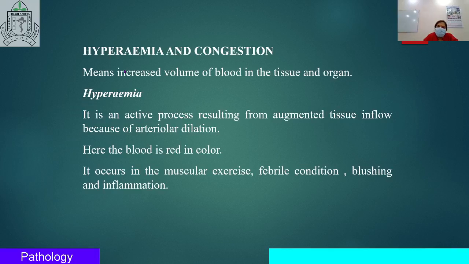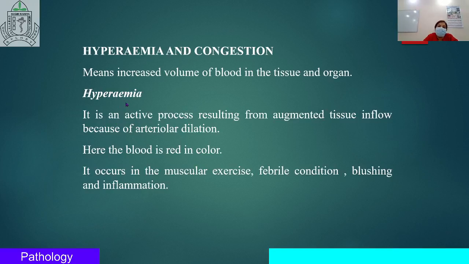So, in both hyperemia and congestion, there is increased blood volume in the tissue and organ. In a word, there is increased blood flow in the tissue or organ in both cases. But the process is different.